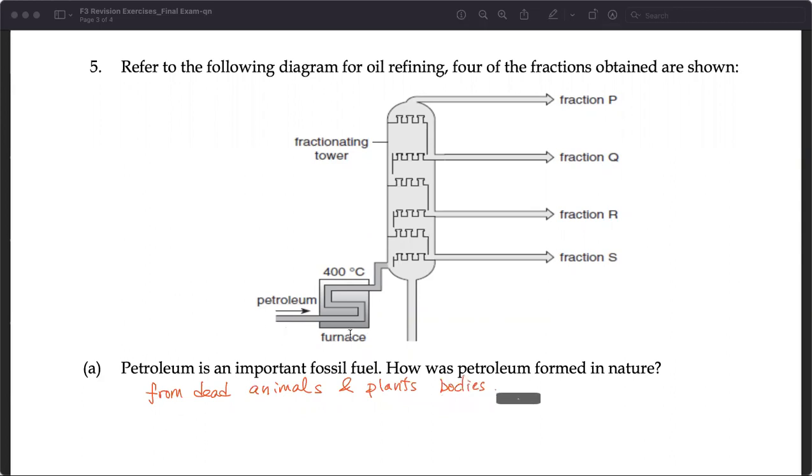So they are from the dead animals or plants from bodies in the sea.